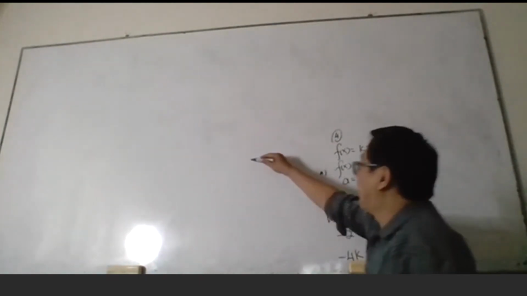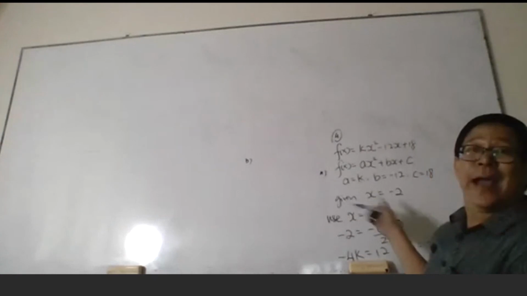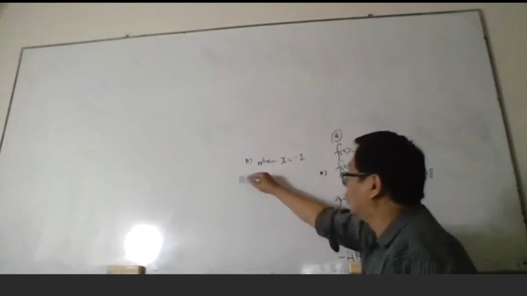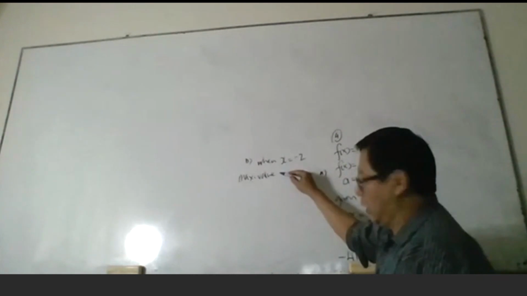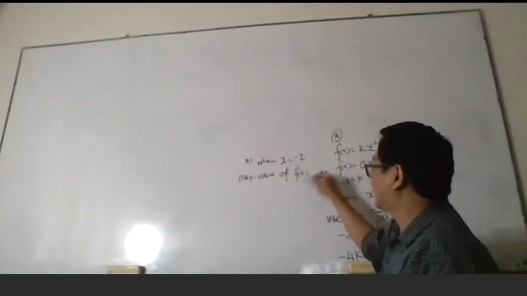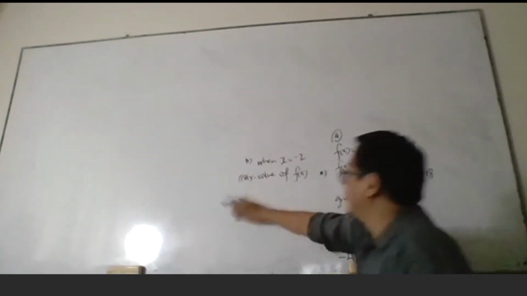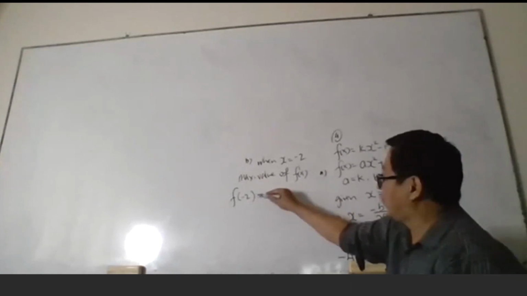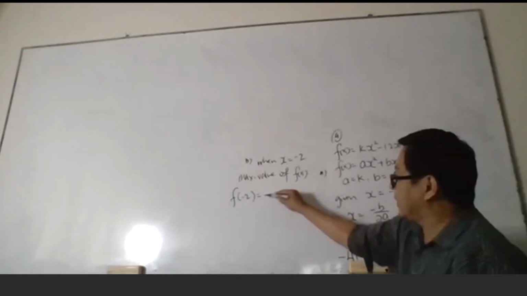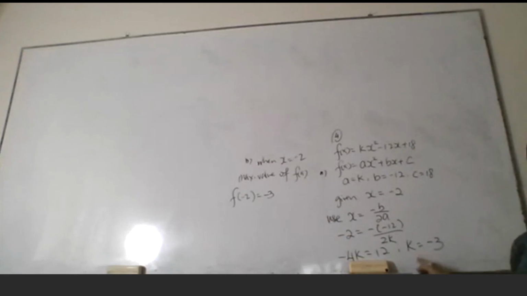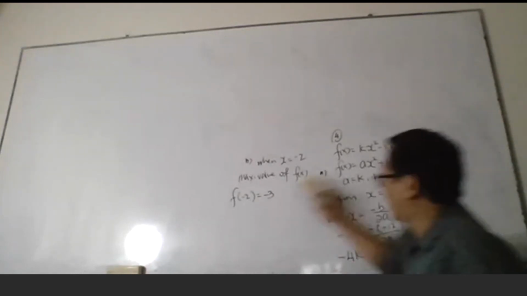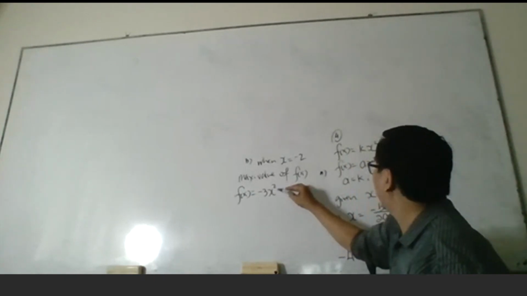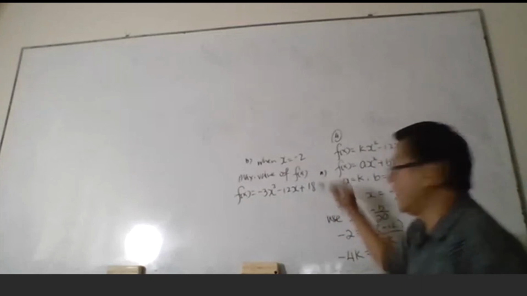So we can just substitute the value of x into f(x). When x is -2, the maximum value of f(x) uses f(-2) with k equal to -3, which we got over here. So now I put in f(x) equals -3x squared minus 12x plus 18.